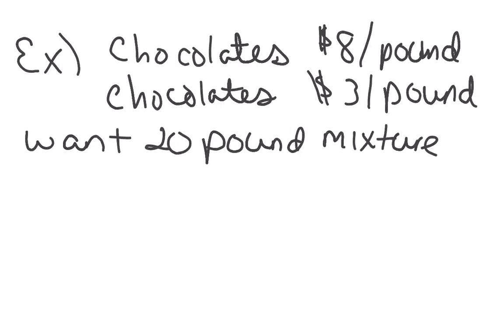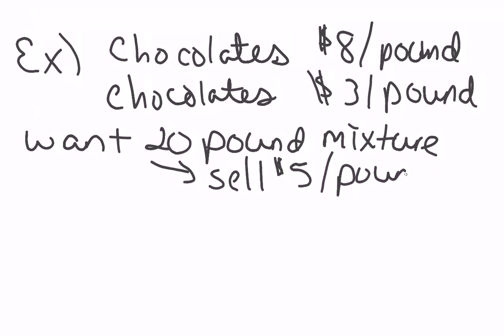So that means we're going to take the two groups and mix them together. If the mixture is to sell for $5 per pound, then we need to know how many pounds of each of these chocolates we need to buy. Okay? We just don't know how many pounds of each.